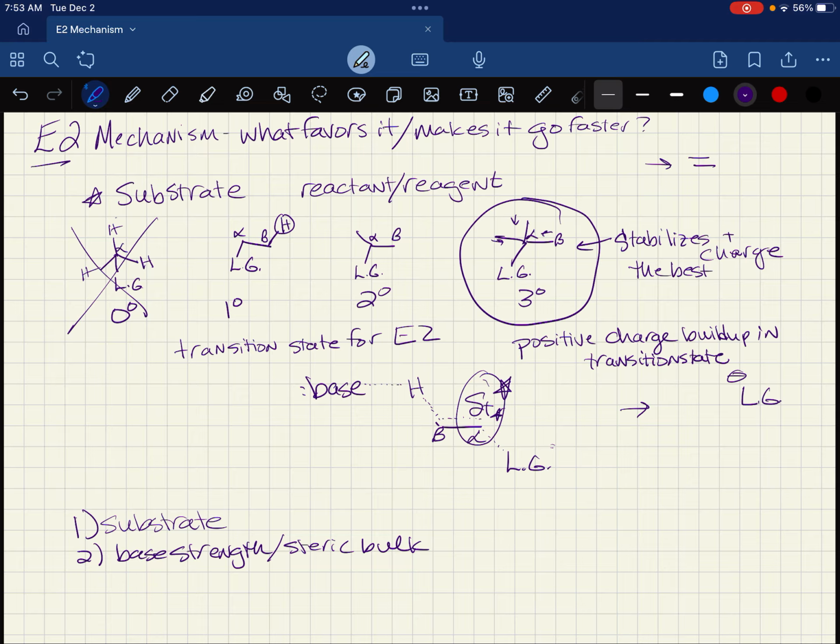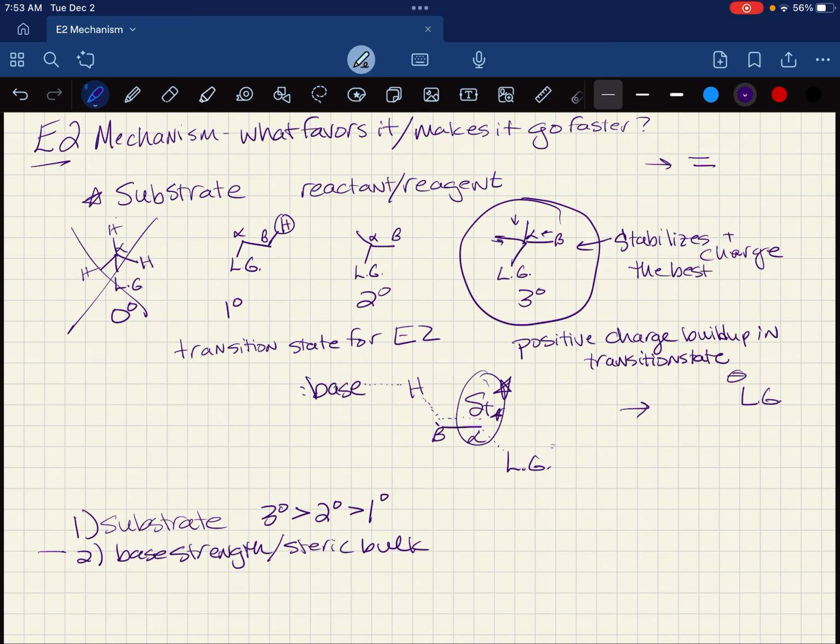So for E2, the fastest is actually the tertiary, followed by the secondary, followed by the primary. And then we're not even going to list methyl because we can't make a pi bond with methyl. So we cannot do E2 or E1 for that matter with a methyl substrate.